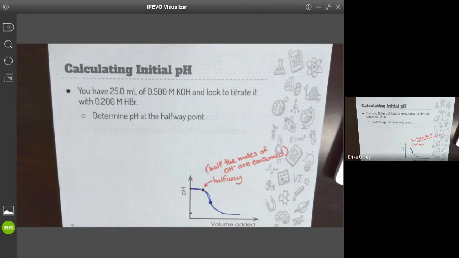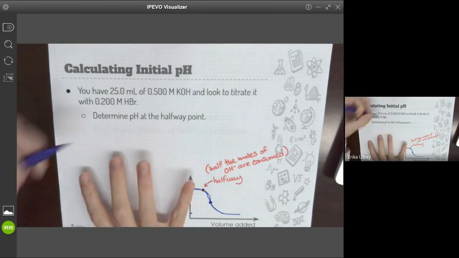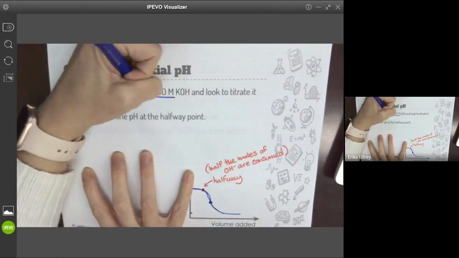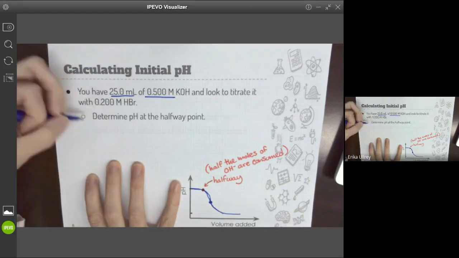So again, it says we had 25 milliliters of 0.5 M KOH. How would we figure out what half the total number of moles of OH are going to be? What would we need to do to make that happen? Annika, what are we going to need to do? Yeah, so we're going to take this volume and this molarity of our KOH and we're going to convert it to moles.